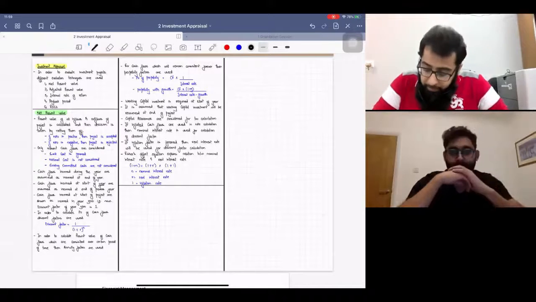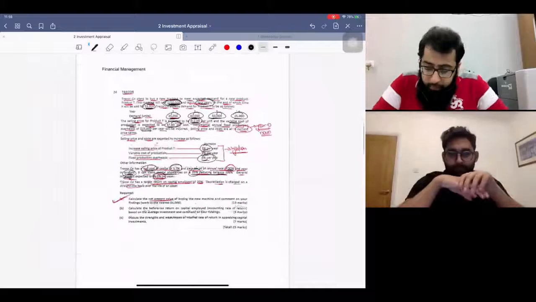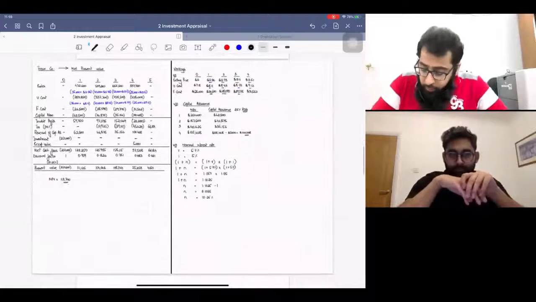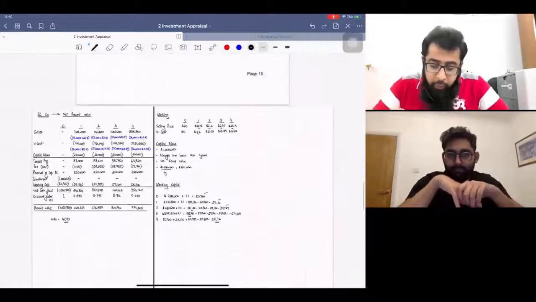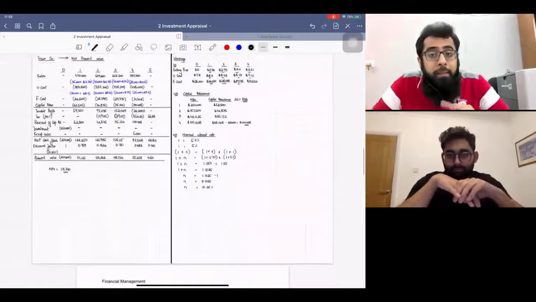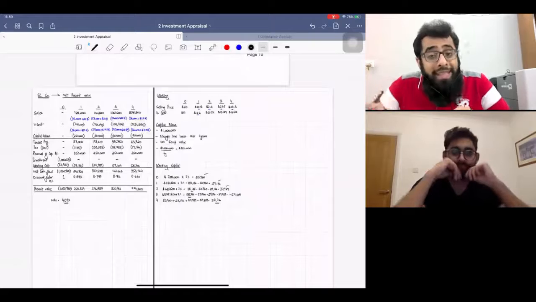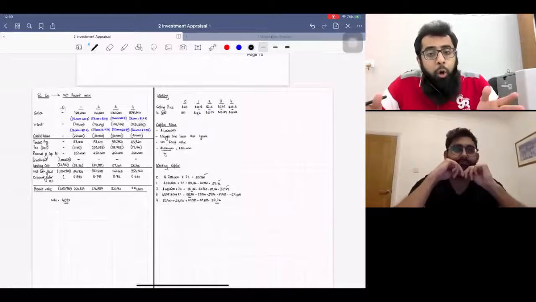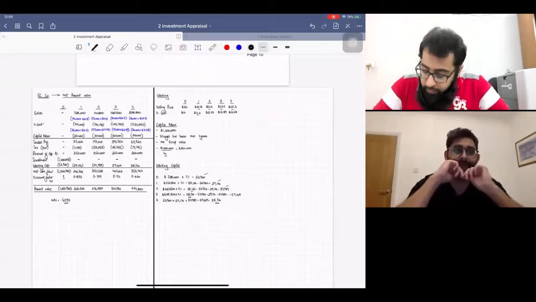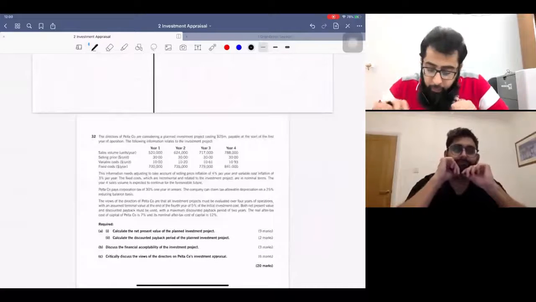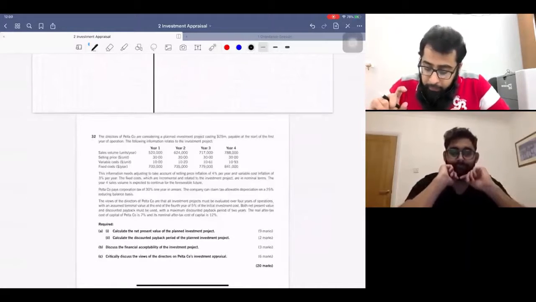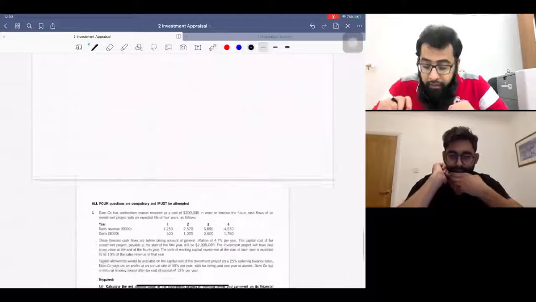Okay. So basically, I have identified 4 questions for basic investment appraisal. The first one was Tricor company, in which we learned some basic techniques. Then we did SC company, in which we discussed incremental working capital technique. All was same except incremental working capital technique. Then there is a question of Pelta company, and then there is a question of Dan company.